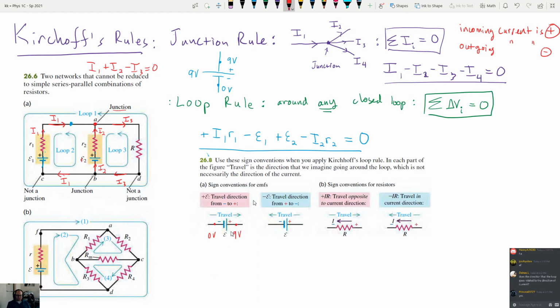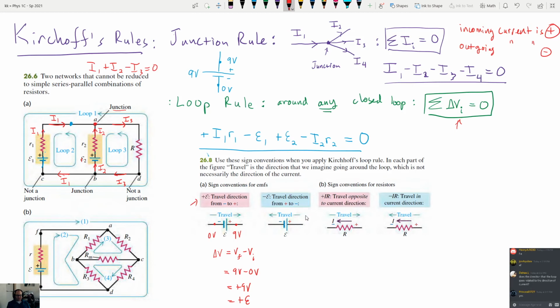And then if you put it this way, since what we're calculating here is delta V, right? This is what we're doing. Delta V would be V final minus V initial, which in this case would be 9 minus 0. And then so it's positive 9, right? That's positive 9 volts, or positive E.